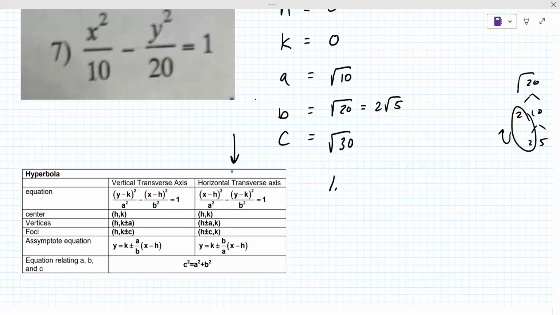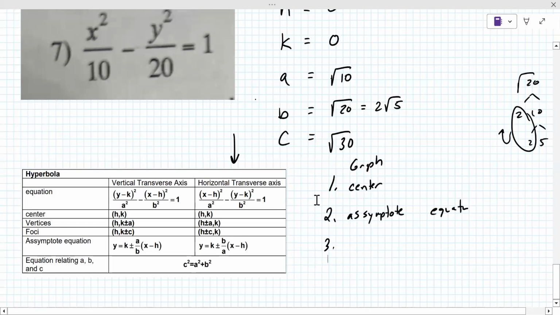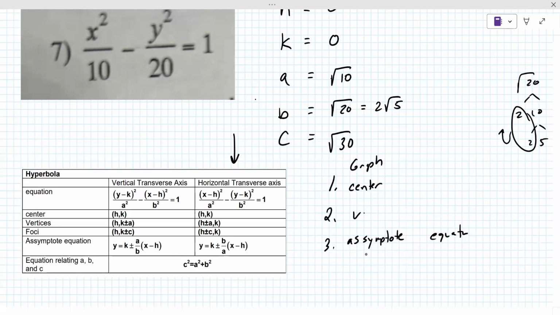Now, in terms of your graphing, what are you going to do first? You graph the center and then the asymptote equations. I should say it differently: that's the center, vertices, asymptote equation, then the foci.